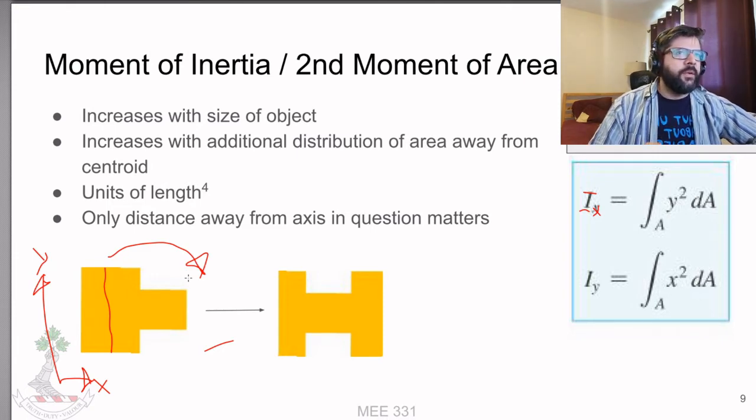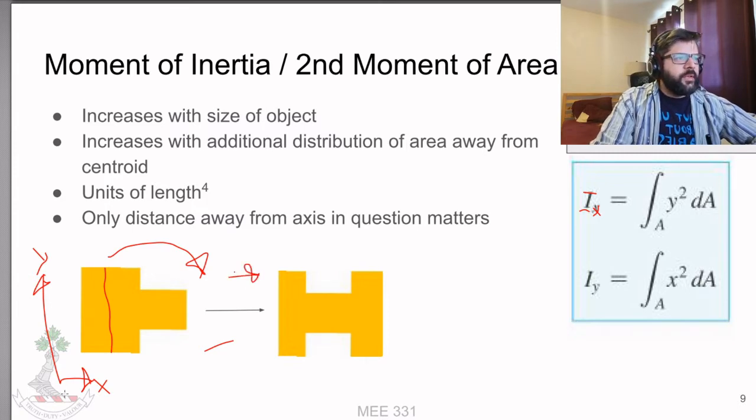So if you integrate y squared dA for this shape, it would be exactly the same as if you integrate y squared dA for this shape.